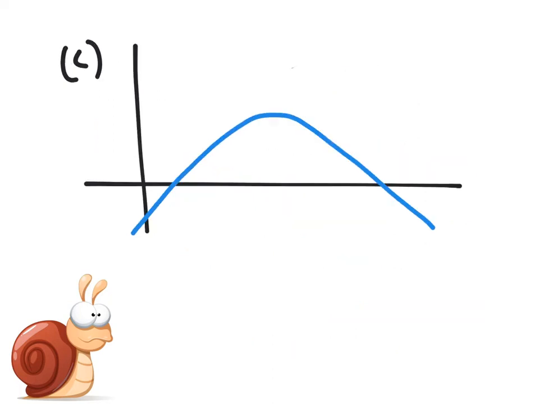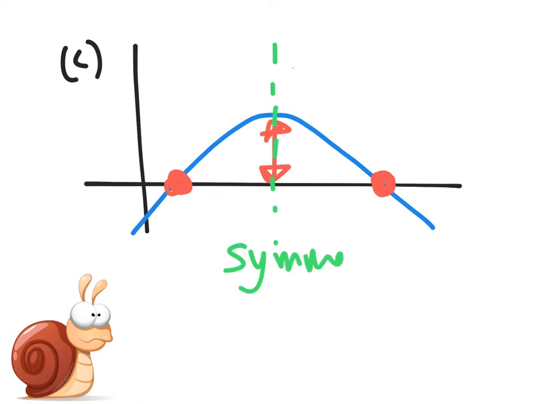Now it should be a negative number because it's underneath the 0. Part C, how can I work out the height of the bridge? How can I work out this height here? Well, from part A I know this point and this point. That was what part A was all about. I know that this line down here is the line of symmetry, and I know how to find that. I just take this number and this number, add them and halve them.